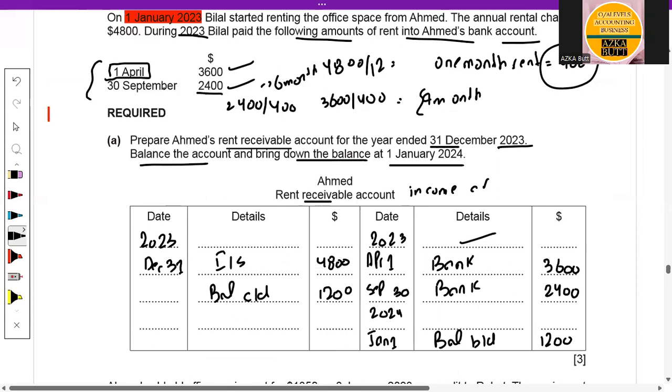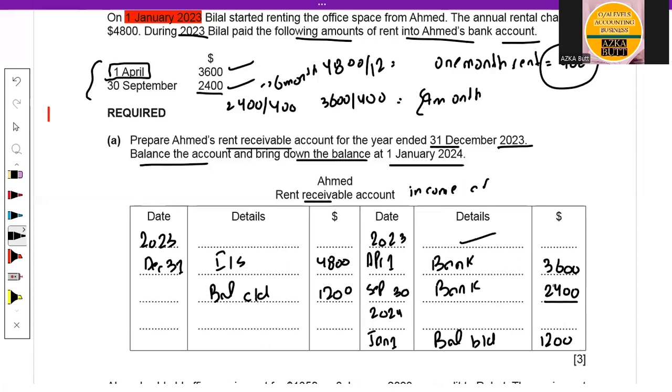And on 30 September in the same year, in 2023, he paid 2,400 to Ahmed. So income would be credited because income's nature is credit, and bank would be debited by $2,400. But in the income statement, we will not transfer this 3,600 and 2,400 all together.